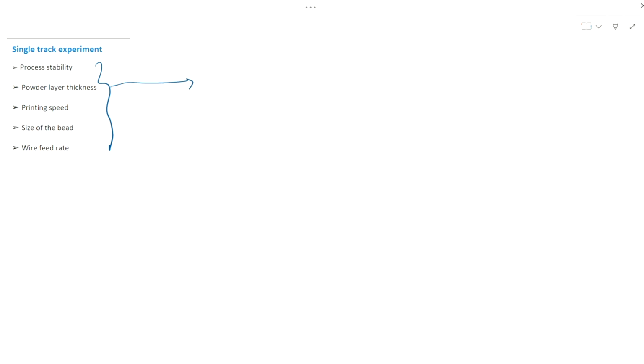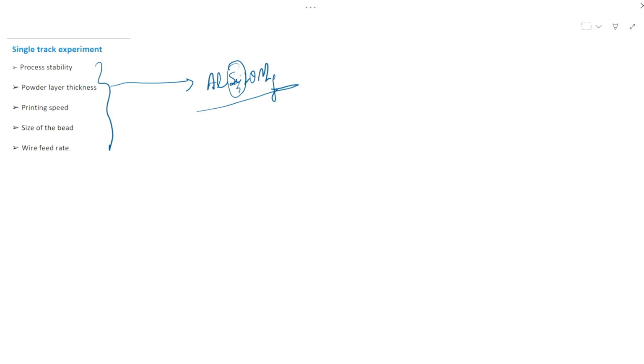Next, first we'll go to the powder layer thickness. Now in powder layer thickness, suppose we have AlSi. I think many people would have heard of this. Printing aluminium is very difficult, so we add silicon as an alloying element so that it can be easily printed.